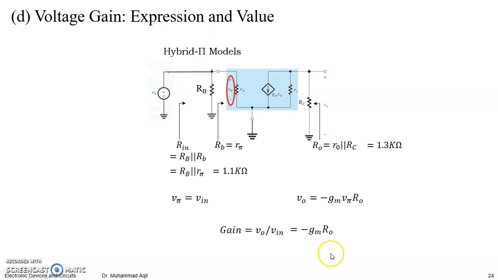So you might have a question when you read this part of the problem before attempting it, right? That we have to find the voltage gain, write the expression of the voltage gain and find its numerical value, and we have not yet been given a value of Vi. Then how could we find the value of the gain?